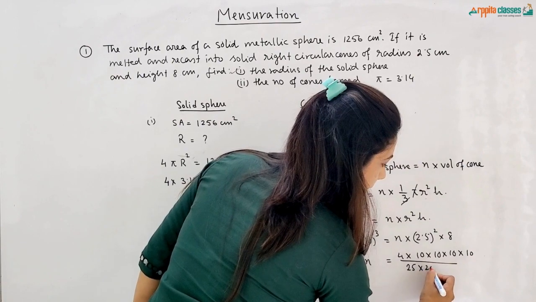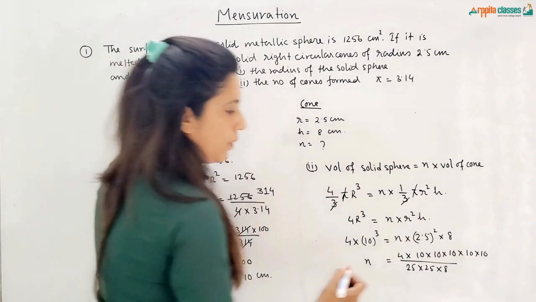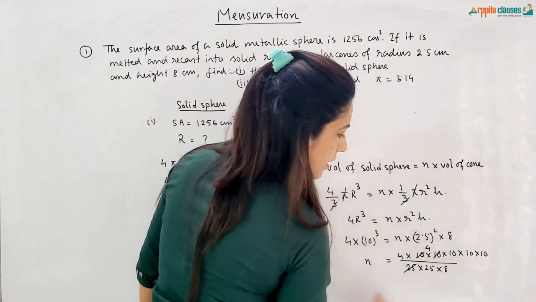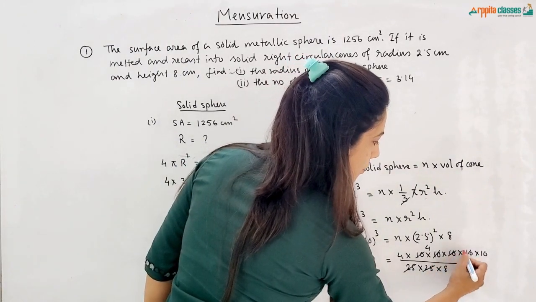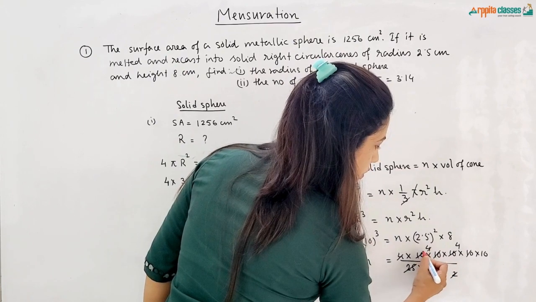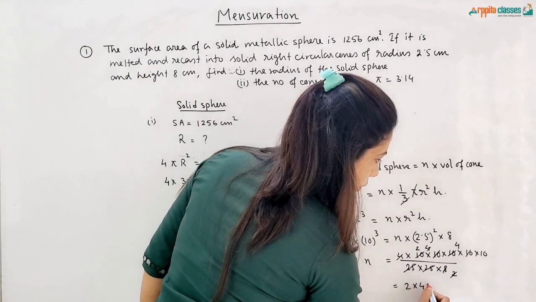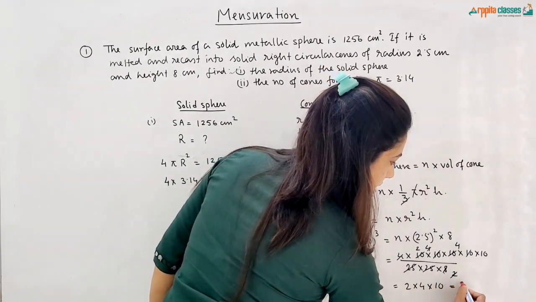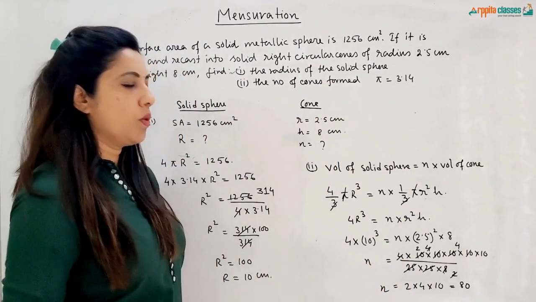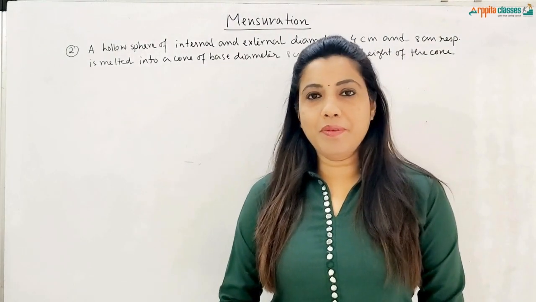Another 25/10, that 10 will go up, and 8 is coming down. Now let us calculate. 25 into 4 is 100. 4, 2 and 2, 2. So in the numerator I am getting 2 into 4 into 10. So that is 80. 8 into 10, that is 80. So how many cones are formed? 80 cones are formed.